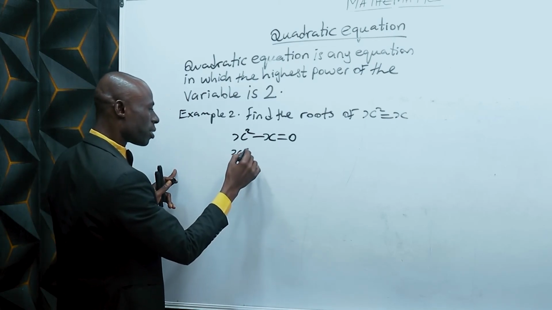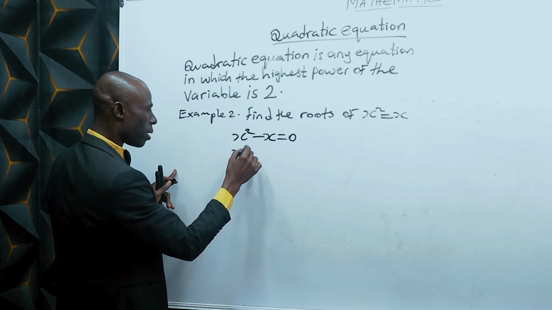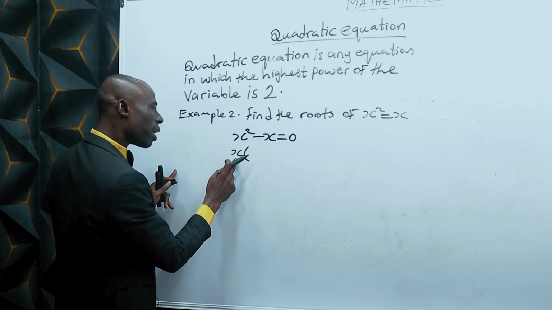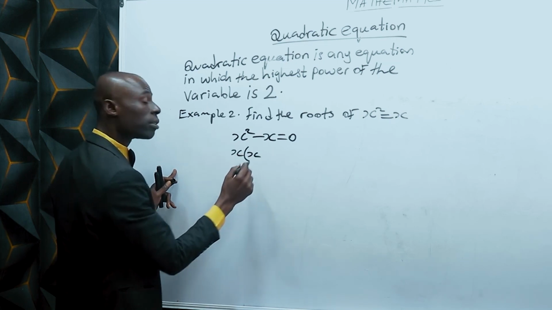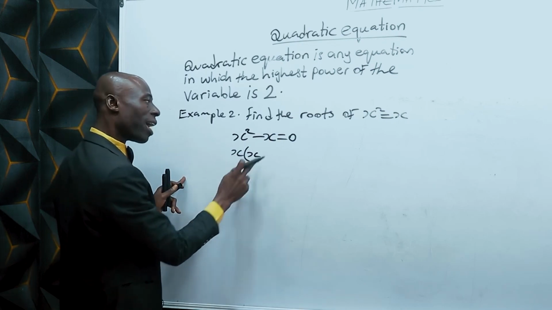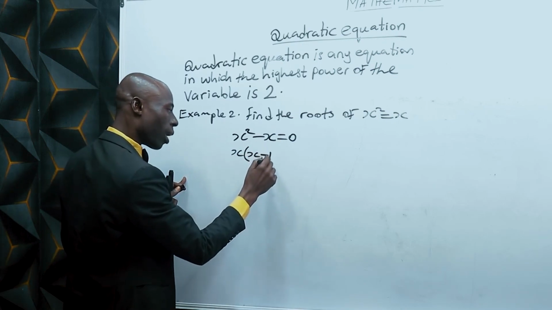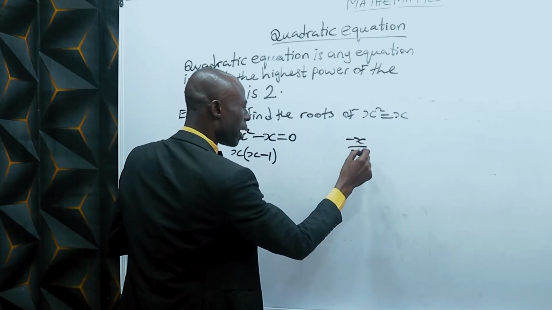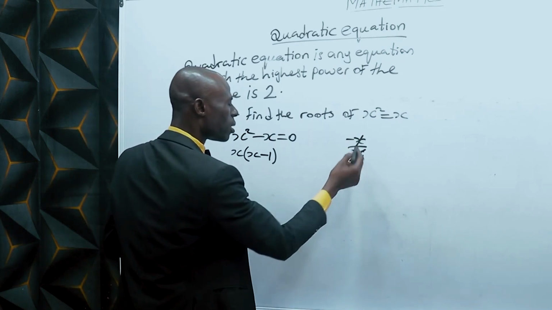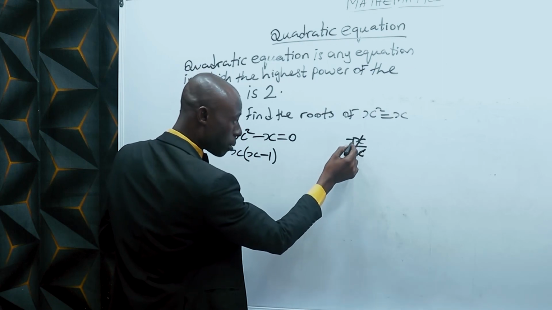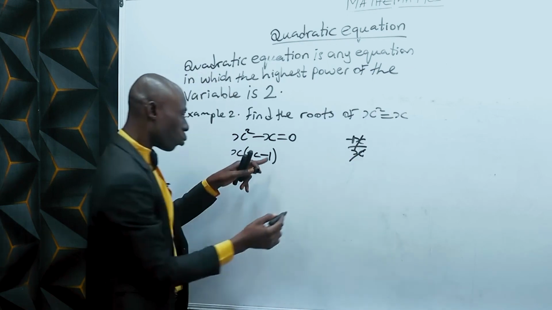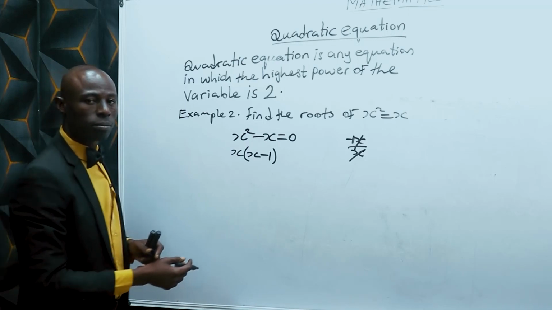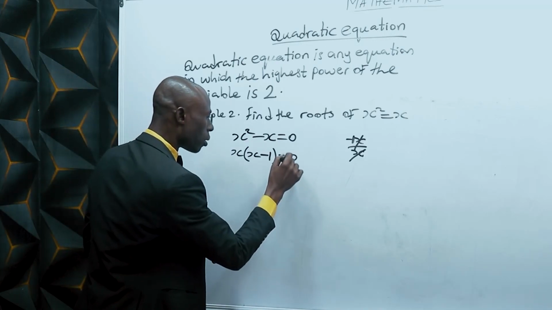Factorize. X is the common factor there. Bring it out. Use x to divide x squared, you have x left. Use this x to divide minus x, it gives you minus 1. This is it. Minus x divided by x. The coefficient of this x is minus 1, invisible, and that is what is left. So, equals 0.